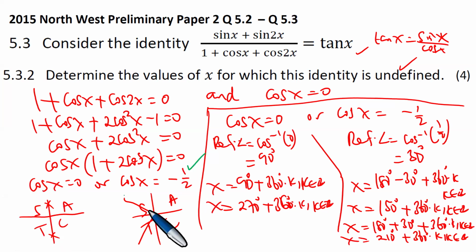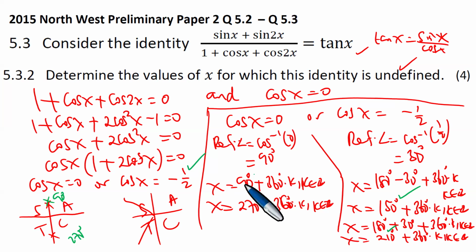For cosine equals minus 1/2, we got 150 in the second quadrant, 210 in the third quadrant. For cosine equal to 0, we got 90 degrees, but also 270 degrees. So we're sorted. Any question?